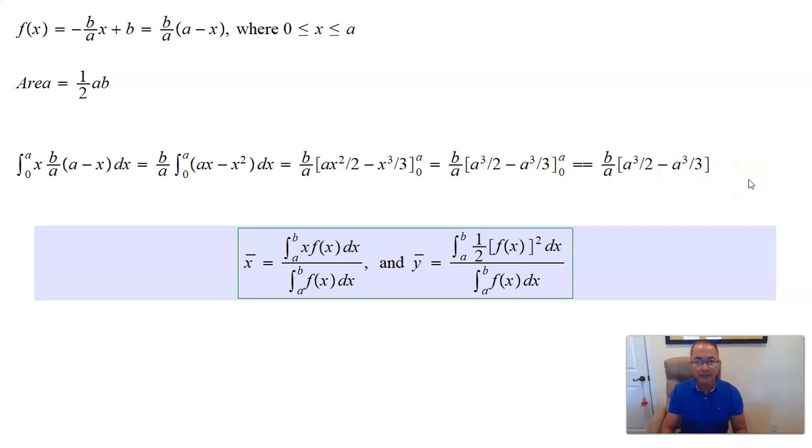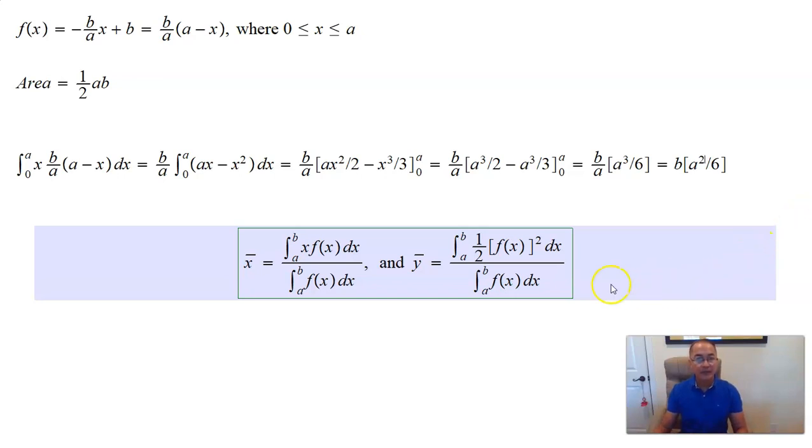We're going to get 1/2 minus 1/3. 3 minus 2 is 1 divided by 6. Oh, a cubed over 6. Excellent. And wait a minute. We have an a also in the denominator, so we get to cancel. Okay, so we're left with just b on the outside and a squared over 6.